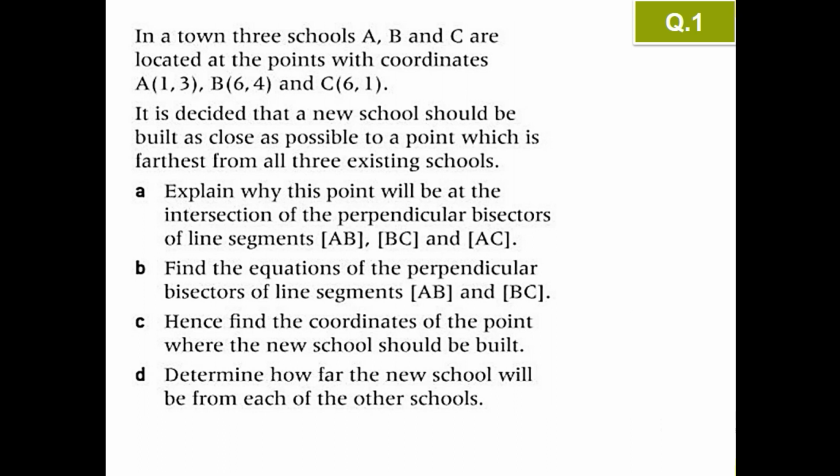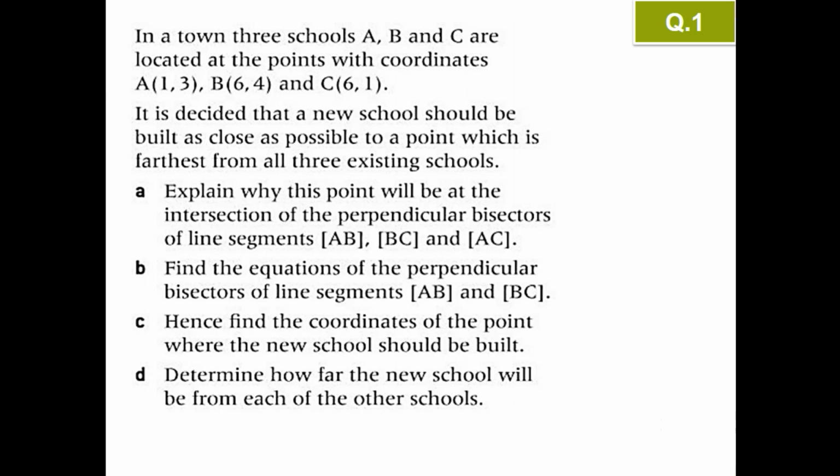A. Explain why this point will be at the intersection of the perpendicular bisectors of line segments AB, BC and AC. B. Find the equations of the perpendicular bisectors of the line segments AB and BC. C. Hence find the coordinates of the point where the new school should be built. And D. Determine how far the new school will be from each of the other schools.